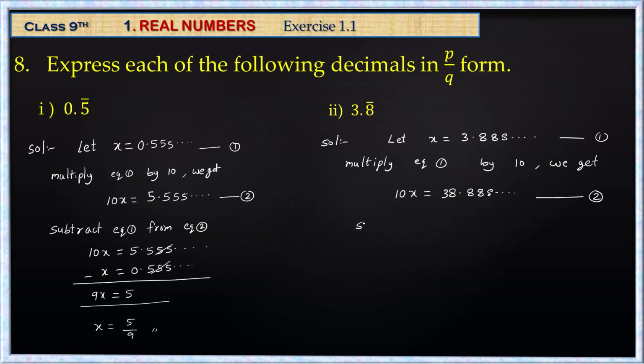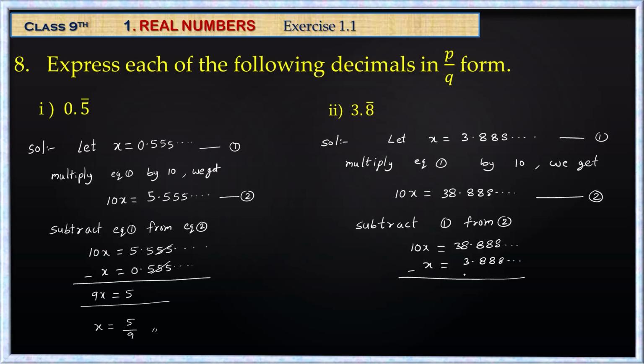Now subtract 1 from 2. So write equation 2, 10x is equal to 38.888 8 8 8 and write equation 1. x is equal to 3.888 and so on.